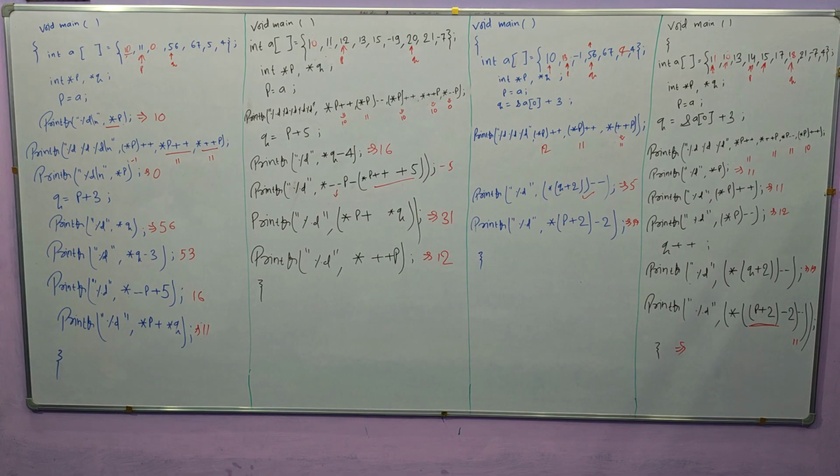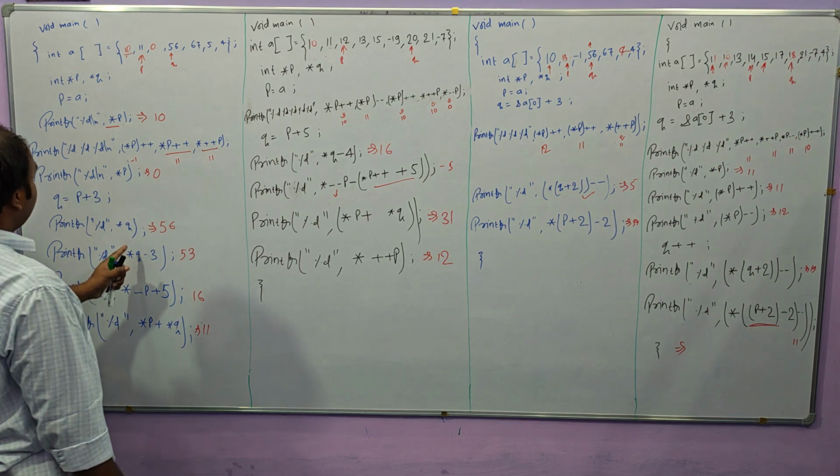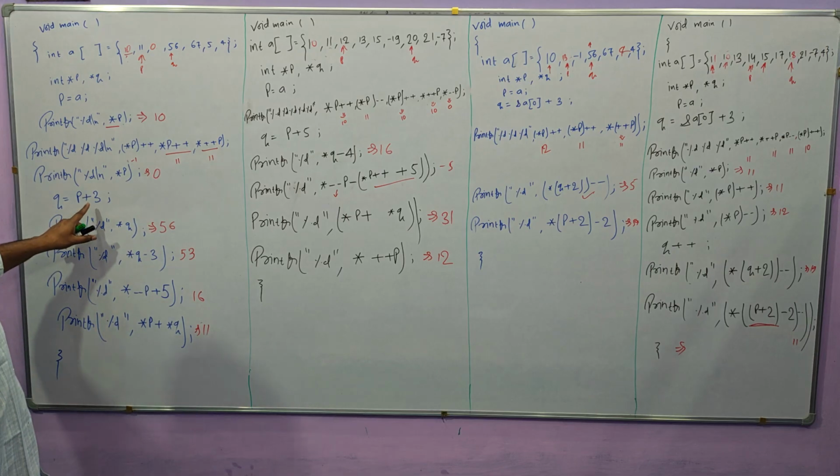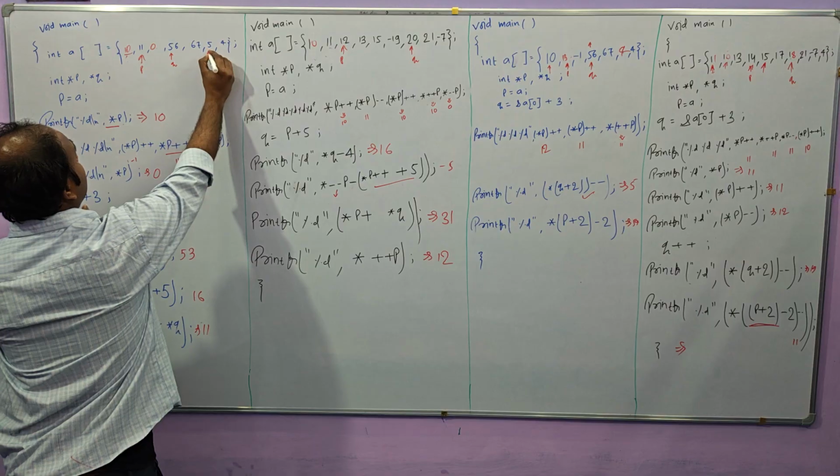What is q? Firstly, q is pointing to p plus 3: 1, 2, 3, this point.